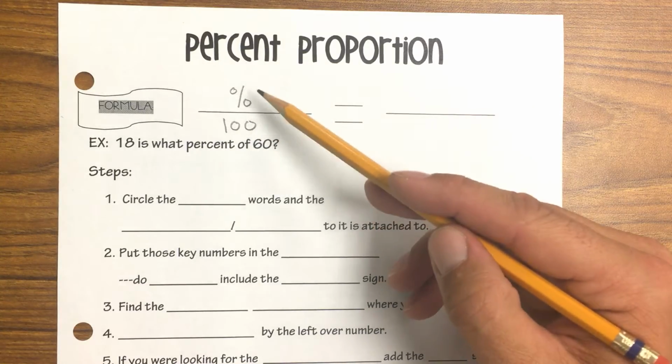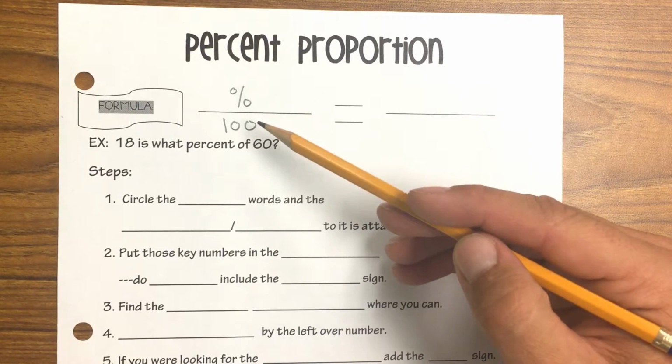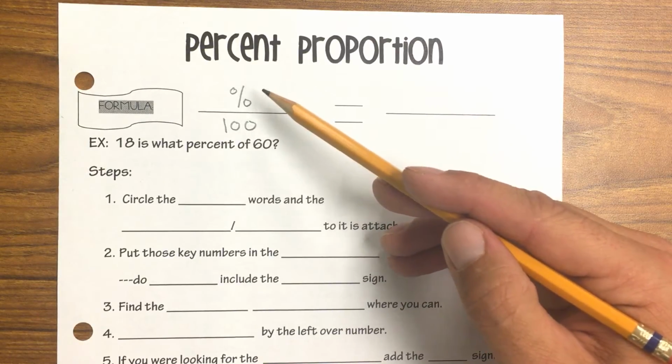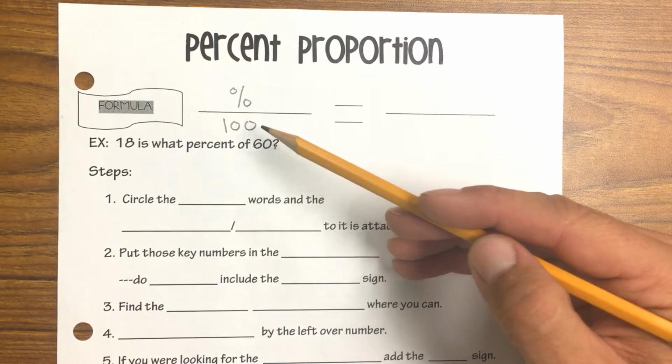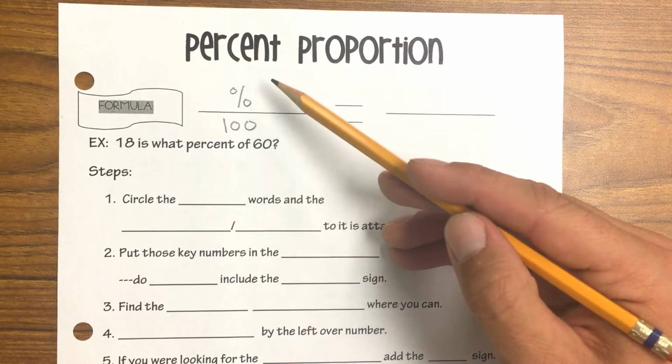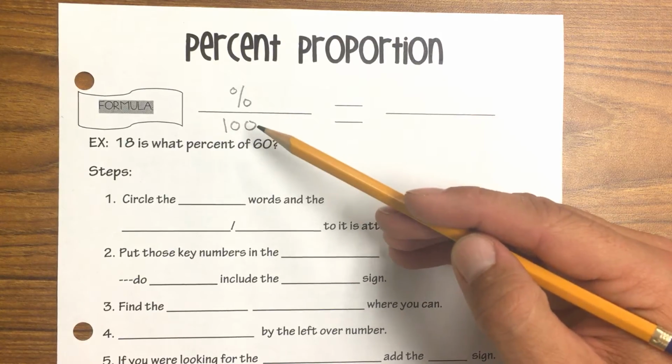When I write percent here, what I mean is any number in front of a percent sign is going to go on top. This 100 never changes. It is always 100. Percent always goes over 100. This will never be a different number.